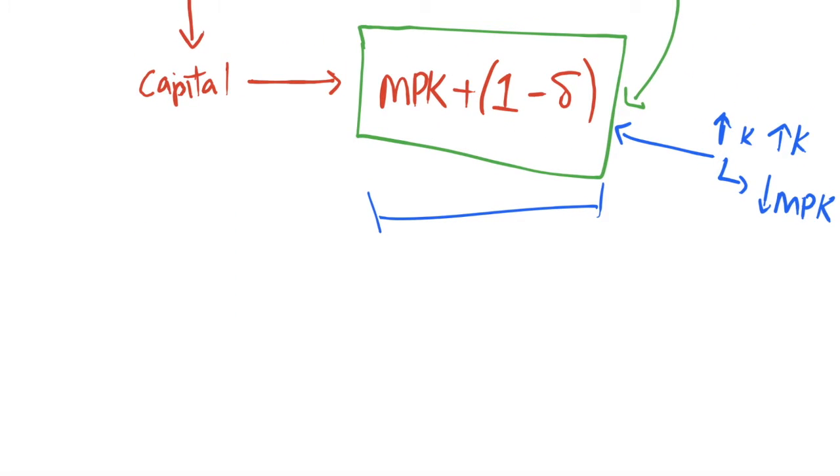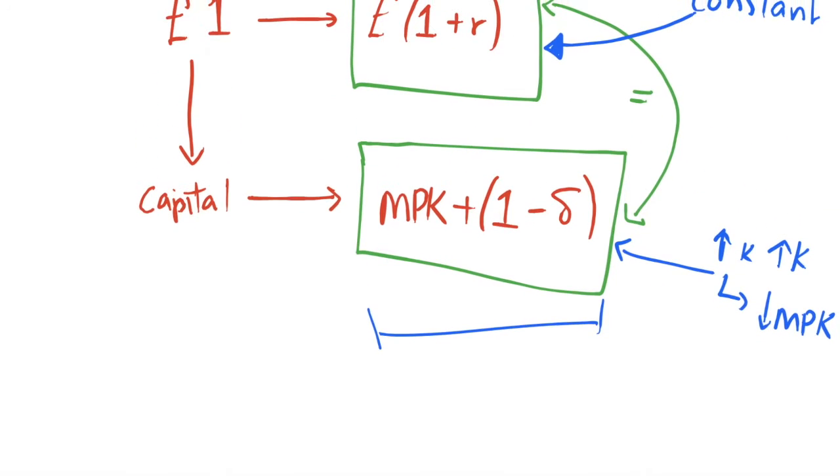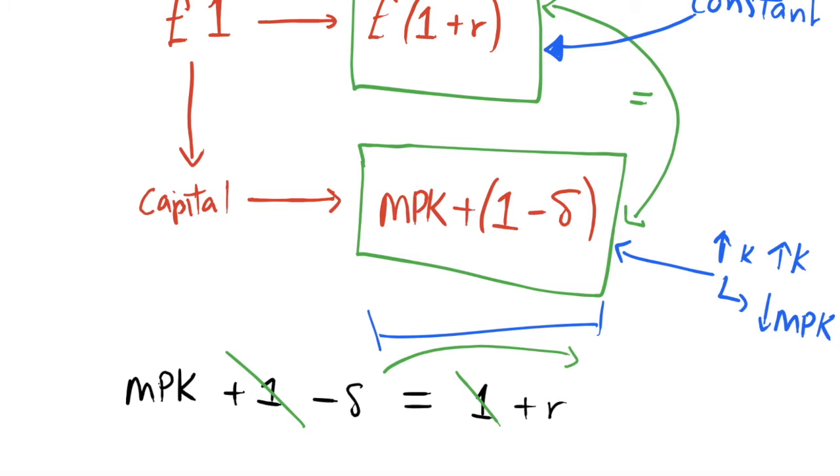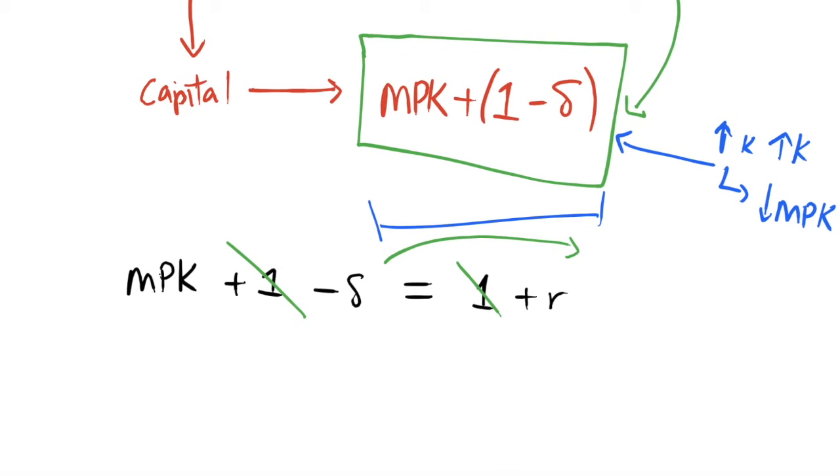So we can just set these two terms equal to each other, and it says that we'll have our marginal product of capital plus 1 minus depreciation equal to 1 plus R. At our optimal demand for capital, we can clearly subtract these 1s from both sides, and then we can add across this depreciation term to the other side, and so we get that at the optimum, our marginal product of capital is equal to the interest rate plus our depreciation parameter.